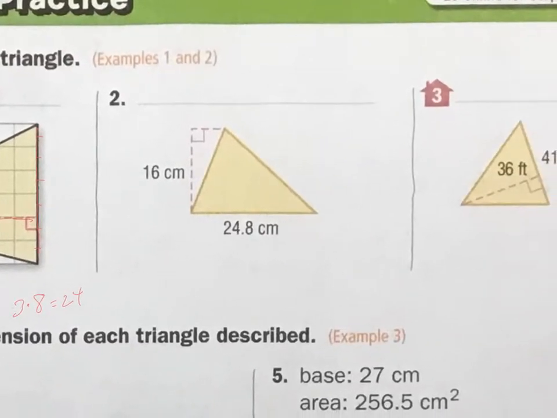Let's do this one. 1/2 times base, which is 24.8, times height, which is 16. So I sometimes look at the numbers and I see that 1/2 and 16, I can easily do half of 16, it's 8.